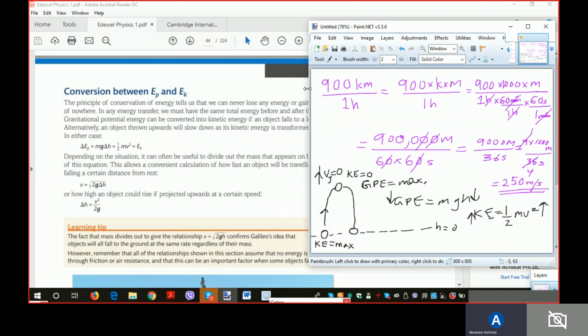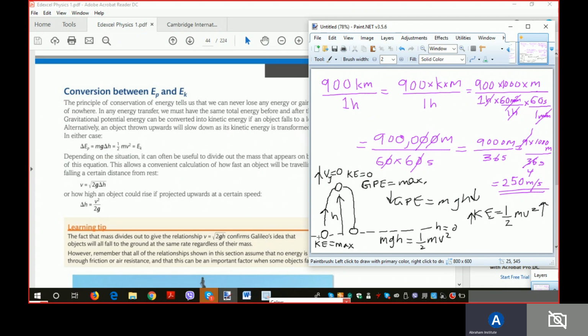So what we can do is, for the upward motion, we can write the gravitational potential energy as mgh. It goes to this height, let's call this height h. So mgh is equal to half mv squared. mgh is the gravitational potential energy.